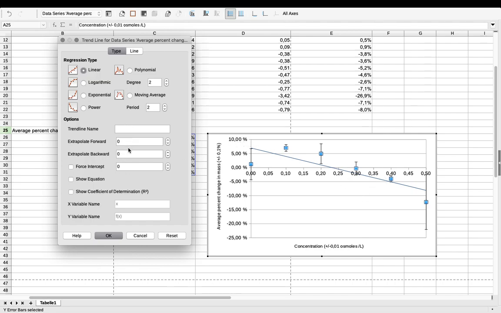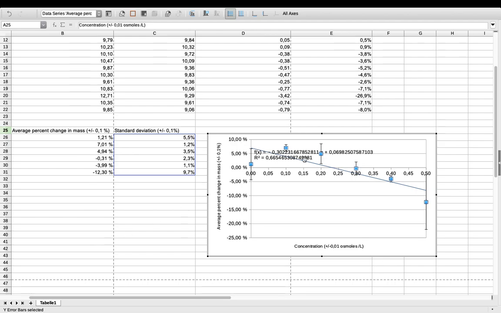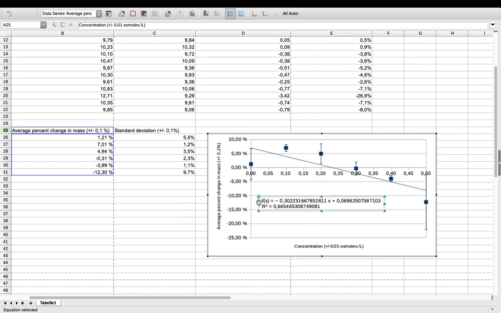I don't need to name it, but I do need to show the equation and show the coefficient of determination, R squared value. And then I can go ahead and move this to somewhere that I can read it. So this is the equation that we're going to use to solve for the y equals 0 case.